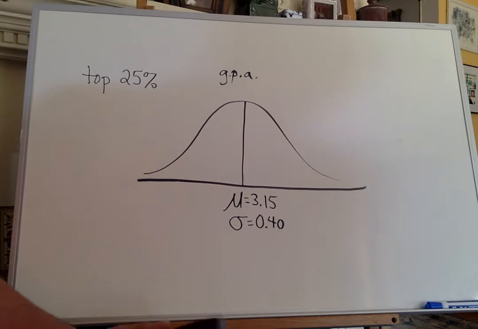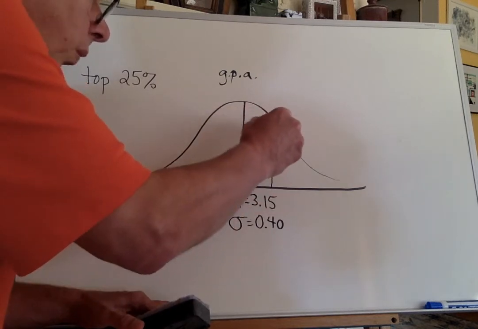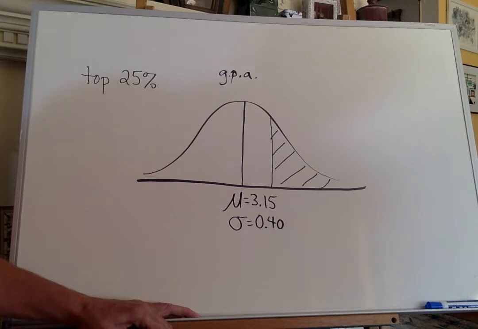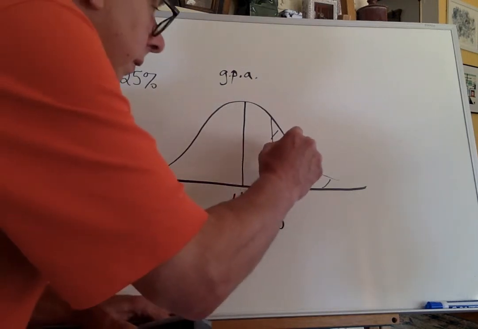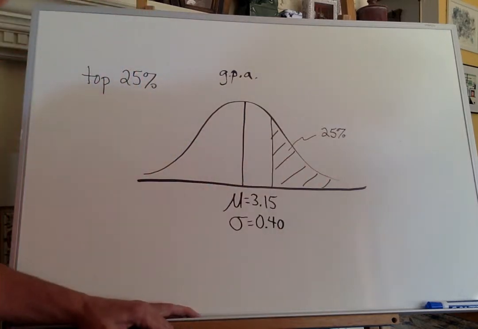What you should do as your first step here is to say, all right, well, top 25%, where are they? Top 25% is right there, perhaps. That means 25% in the tail.